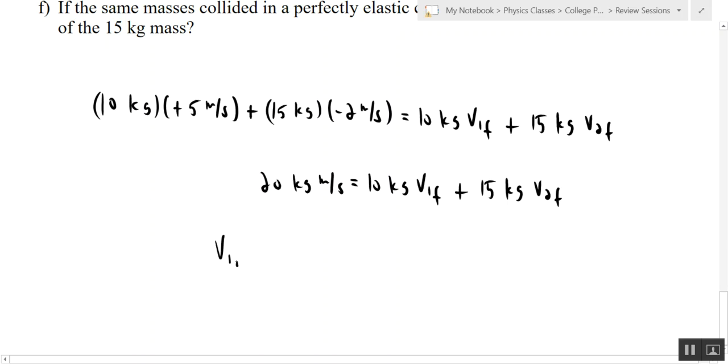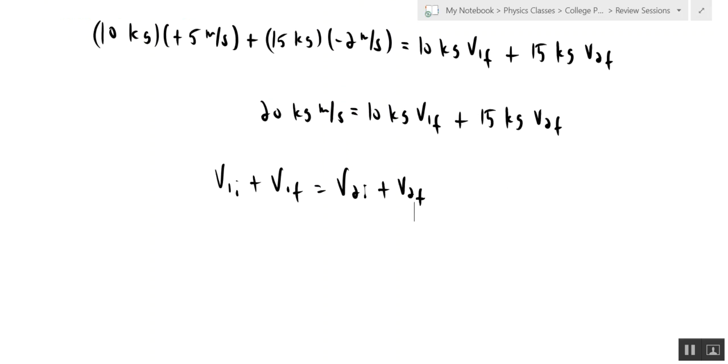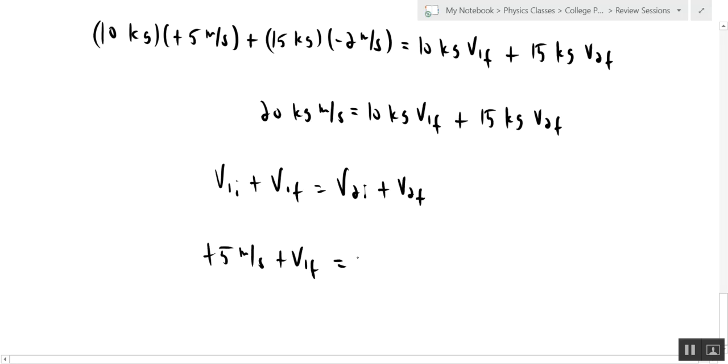It's this equation, right? v1i plus v1f is equal to v2i plus v2f. So let's put in everything that we know. v1i is plus 5. We do not know v1f. v2i is -2. We do not know v2f.